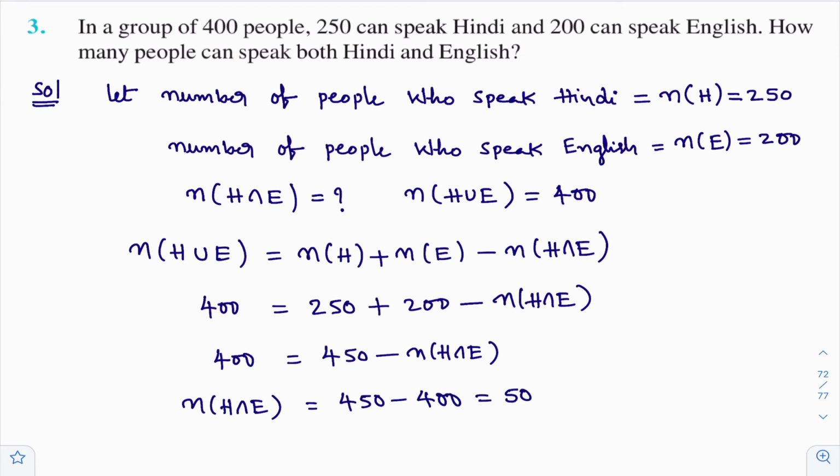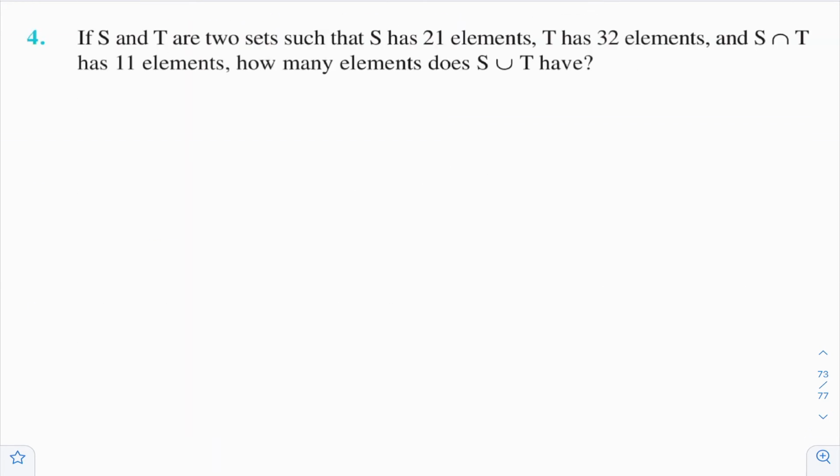So n of h intersection e is 50. They are asking for the number of people who can speak both Hindi and English, and that equals 50. I hope you understand this solution. Now we'll move to the next problem.